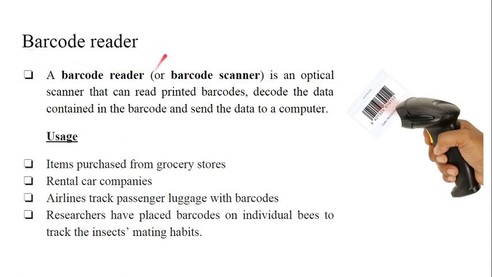Next is barcode reader. A barcode reader is an optical scanner that can read printed barcodes, decode the data contained in the barcode, and send the data to the computer. These vertical lines are called barcodes.